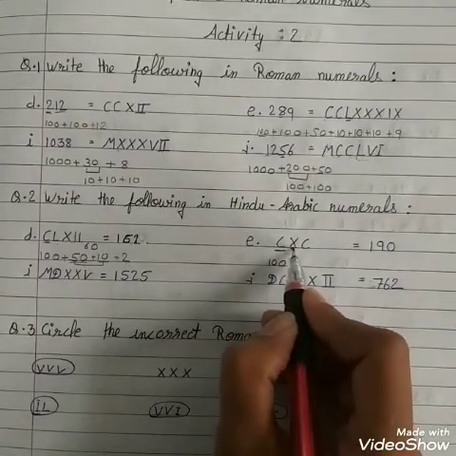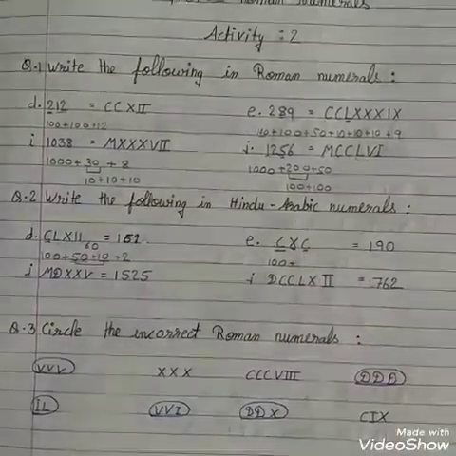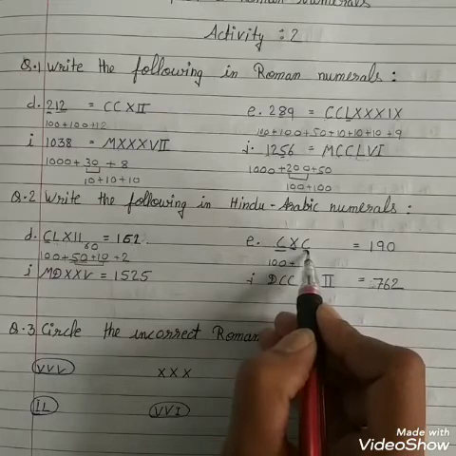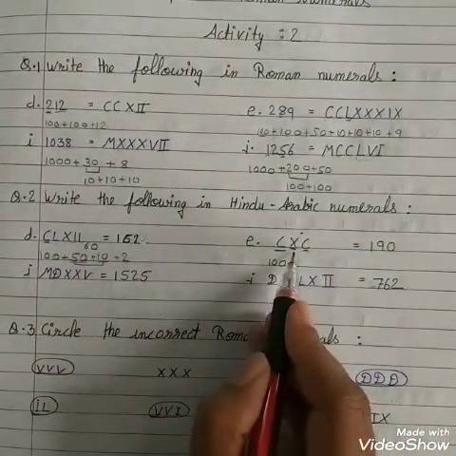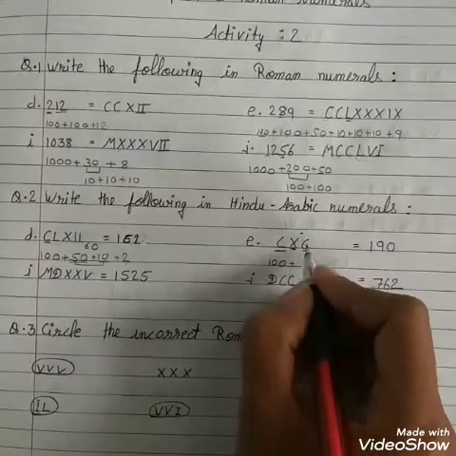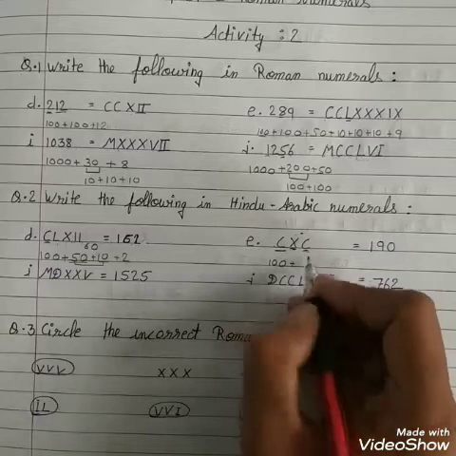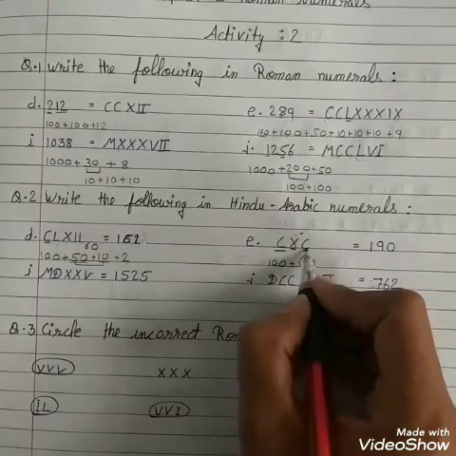If we have a small symbol before a large symbol, that means this is subtraction. Okay. Now we write X as 10 and we have C as 100.